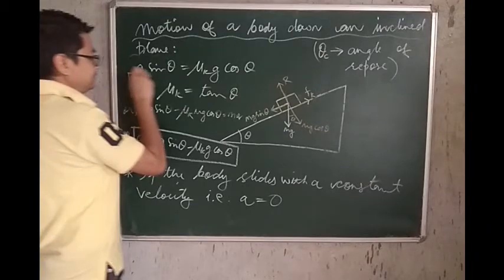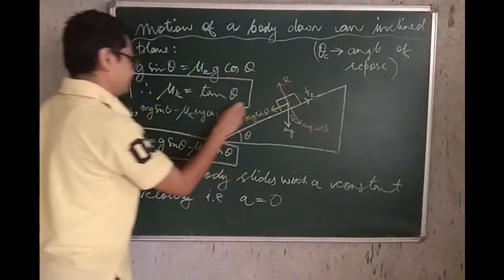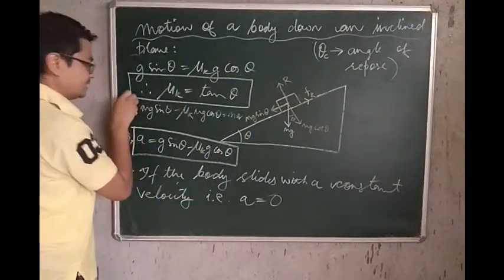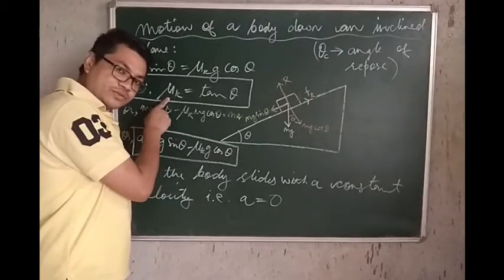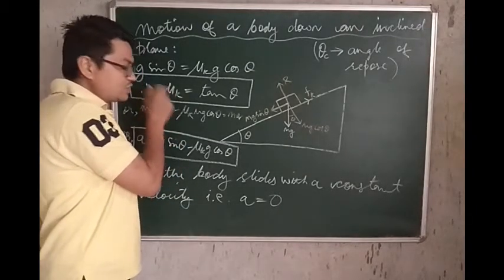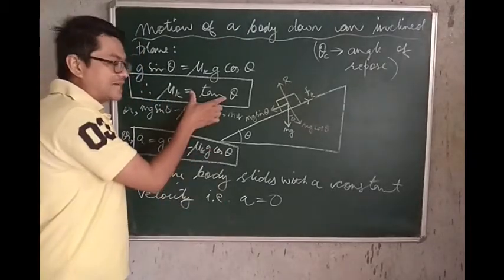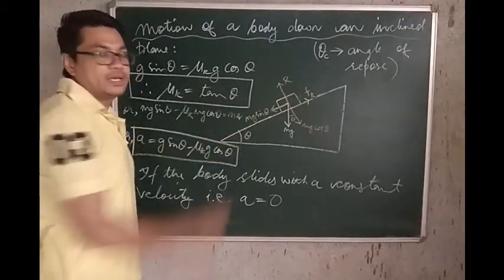Okay, class 11. And by the way, what is mu k? Mu k is your coefficient of kinetic friction, don't forget. So the coefficient of kinetic friction is equal to the tangent of the angle of inclination.